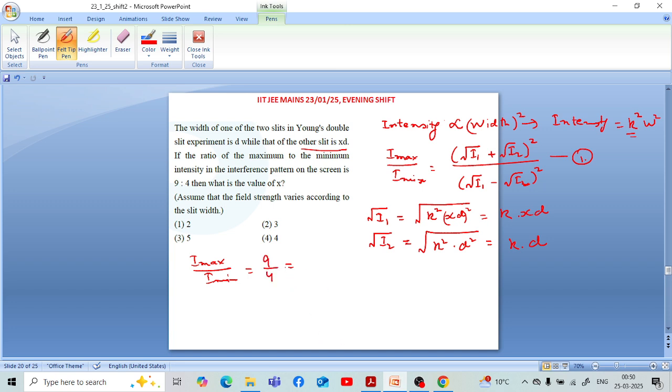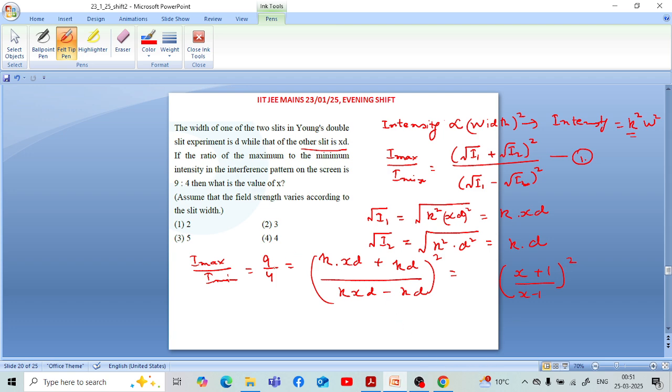Putting this value 9/4 here, and the values of square root I1 and square root of I2 in equation 1, this comes out to be (k times xd plus k times d) upon (k times xd minus k times d) and its whole square. Now after solving, k cancels and d cancels. So we get this expression as (x plus 1) upon (x minus 1) whole square.